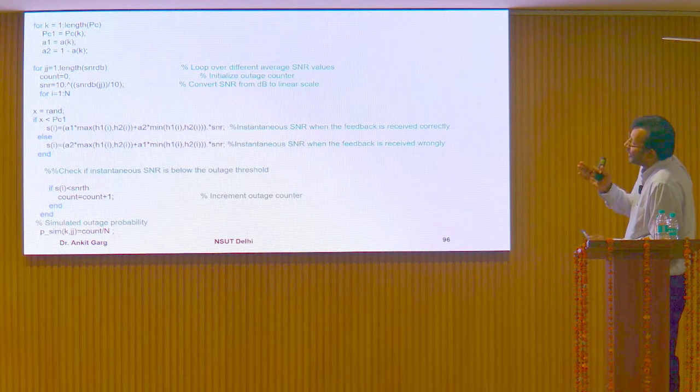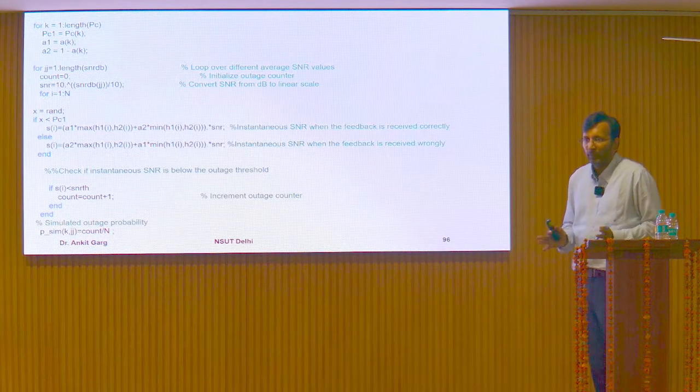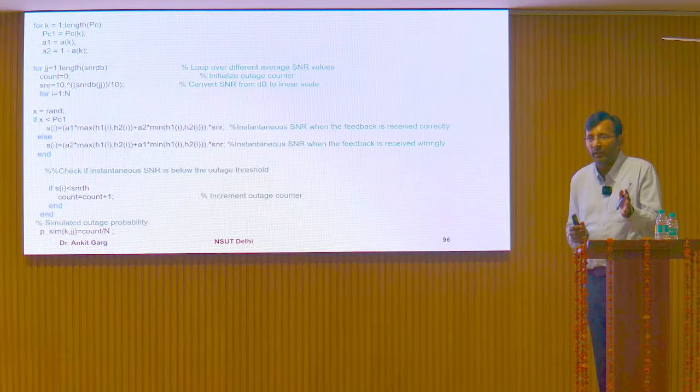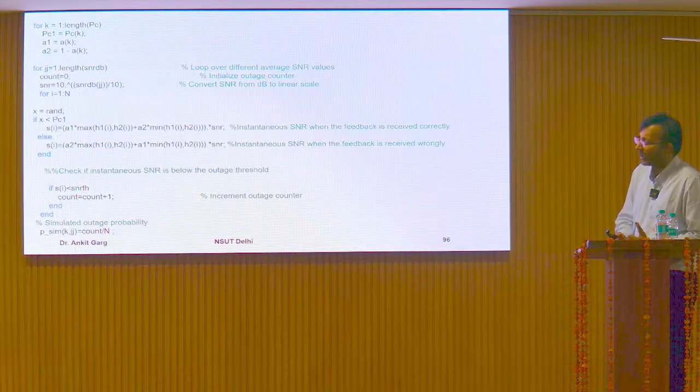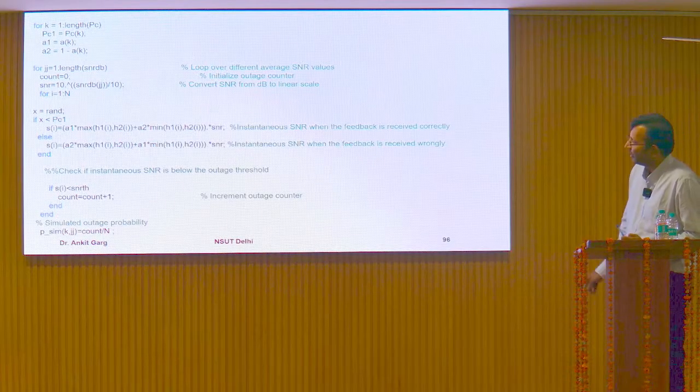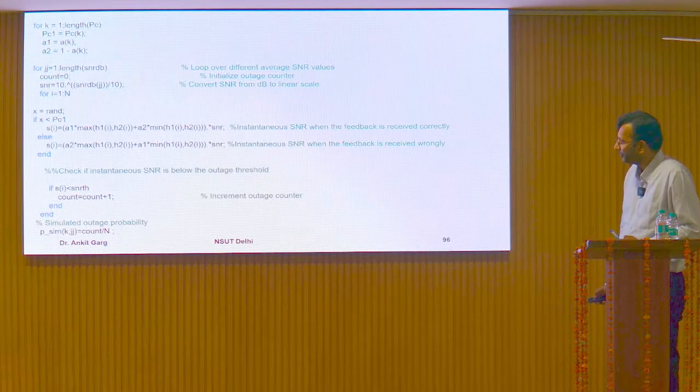So if x is less than PC1, meaning PC1 is greater than that random value, we have the luxury of using the correct feedback bit, right? So we have instantaneous SNR with correctly received feedback. This is the logic of implementing feedback in MATLAB.